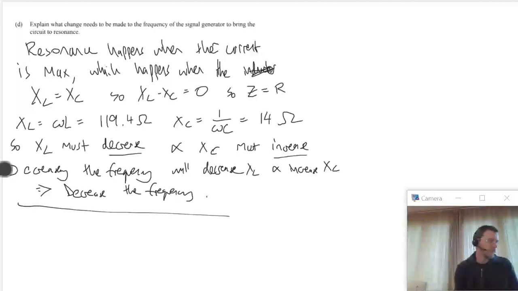There is another way to do this. You could start with a formula off your formula sheet. Well, I'd make this statement at the top still. Resonance happens when the current is max, etc. But then you can use a formula off your formula sheet, 1 over 2 pi times the square root of LC. So this is also possible because you've already calculated the capacitance and the inductance.